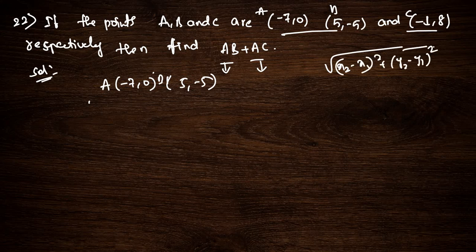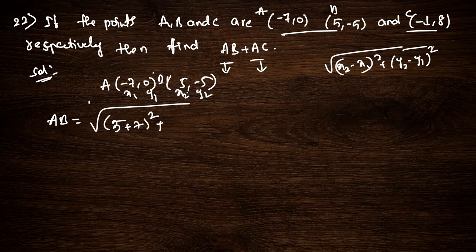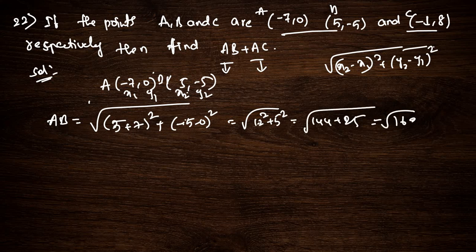So AB is equal to under root of (5 plus 7) whole square plus (minus 5 minus 0) whole square. It will become under root of 12 square plus 5 square, 144 plus 25, under root of 169, which is equal to 13 here.